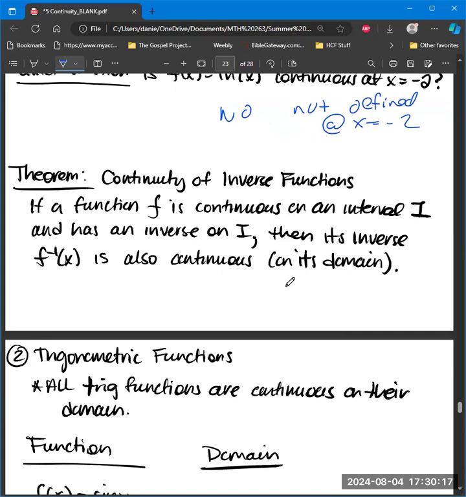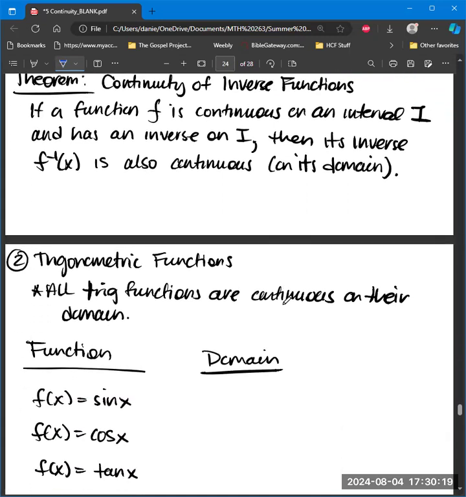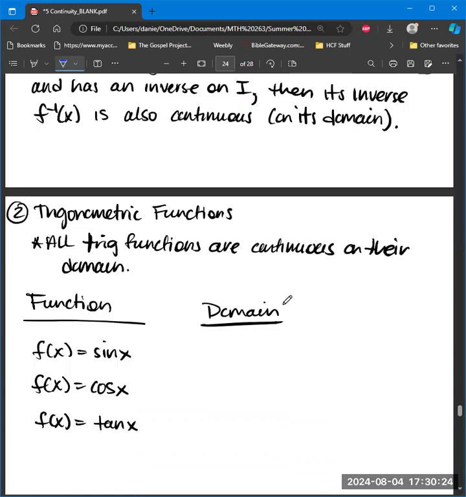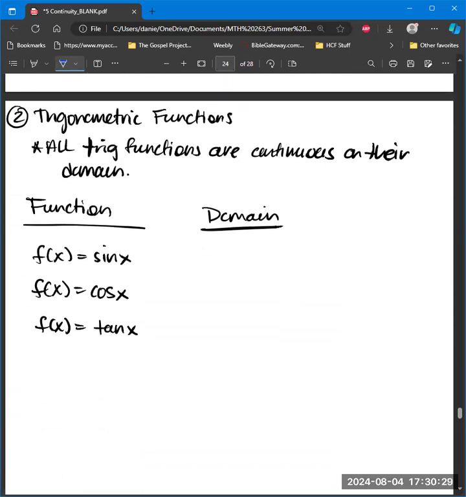Continuity of inverse functions. If a function f is continuous on an interval I and has an inverse on I, then its inverse f inverse of x is also continuous on its domain. So let's just look at trig functions here.